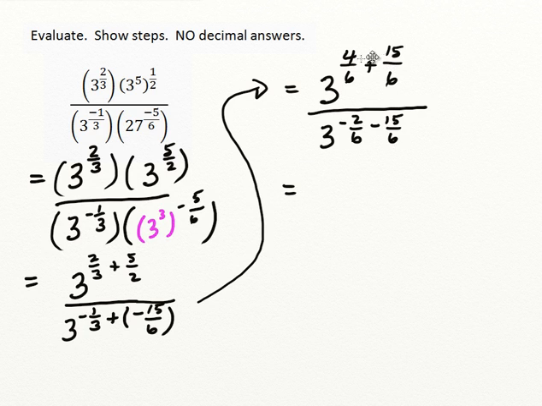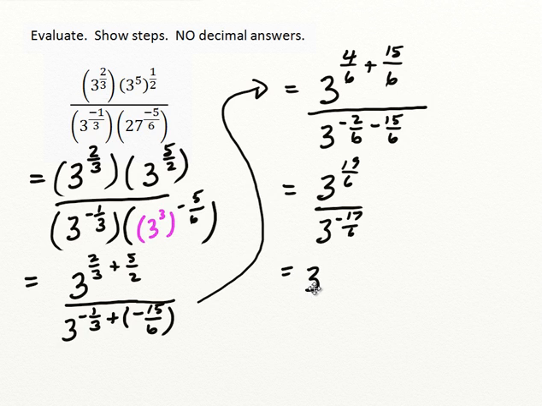Combine those together. 4 plus 15 is 19/6. And on the bottom, we have -2 minus 15, which is -17/6 is the exponent. Almost done with the exponent laws. Last step here, we have division, which means we're going to be subtracting our exponents.